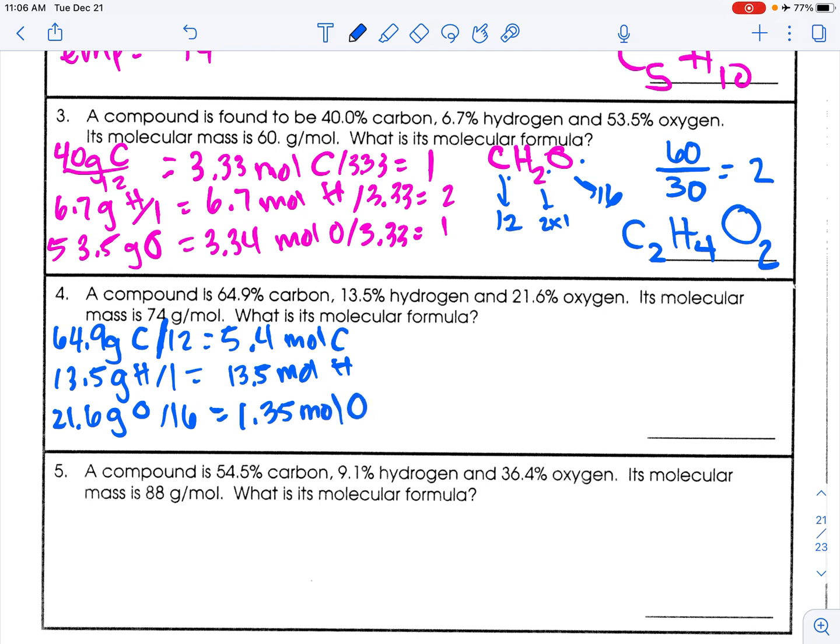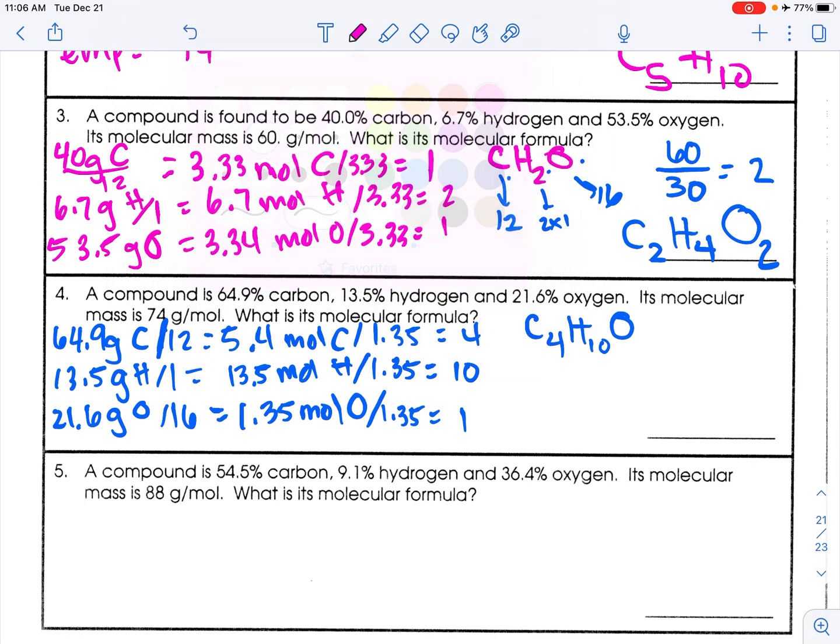So it looks like 1.35 is our smallest, so let's divide each. So this is going to be the 1. 5.4 divided by 1.35 is going to be 4. And 13.5 divided by 1.35 is 10. So my empirical formula is C4H10O with a 1. So now I need to find the empirical GFM.